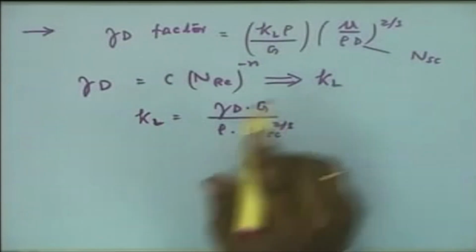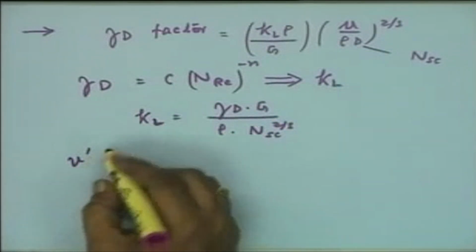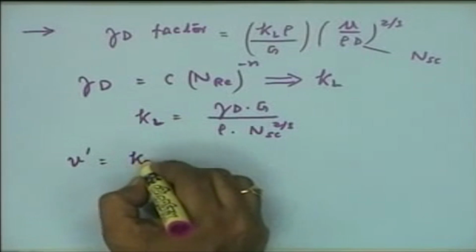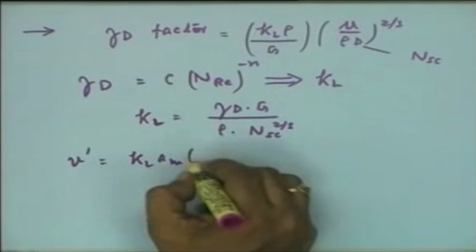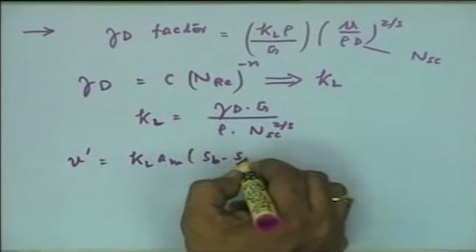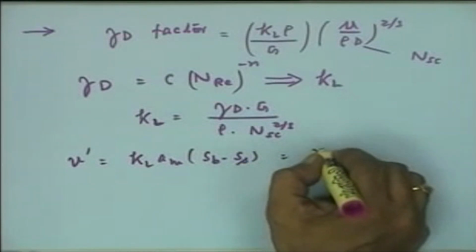at steady state the reaction rate, that is your KL Am SB minus SS, that is your Rm.